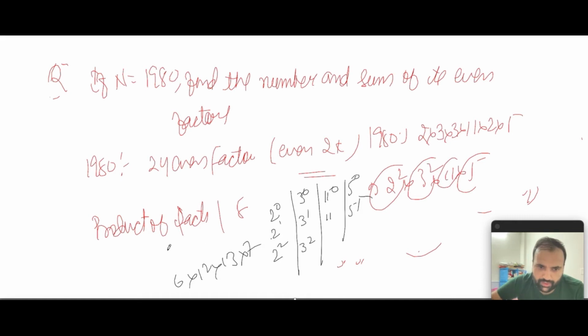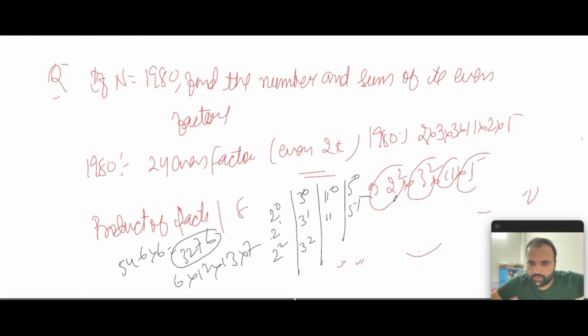We get 7 into 13 into 12 into 6. So this would be the entire sum, the sum for all the factors of 1980.